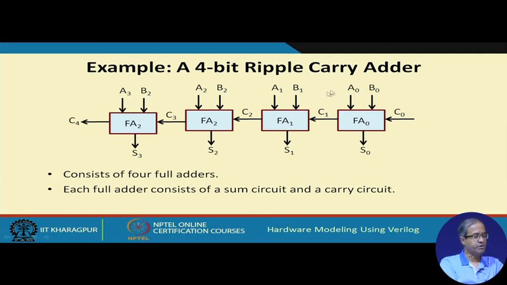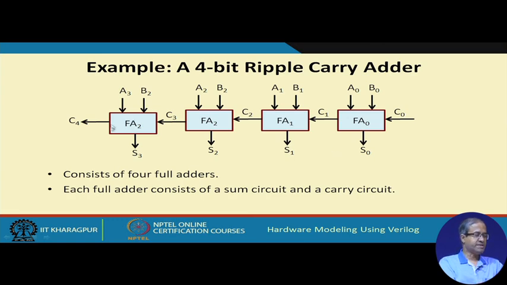I feed the corresponding bits to the 4 full adders, and C0 is my carry in. The carry out from the first full adder goes as carry in to the next, and similarly for the others. C4 will be the final carry out, and S0, S1, S2, S3 will be the final sum.